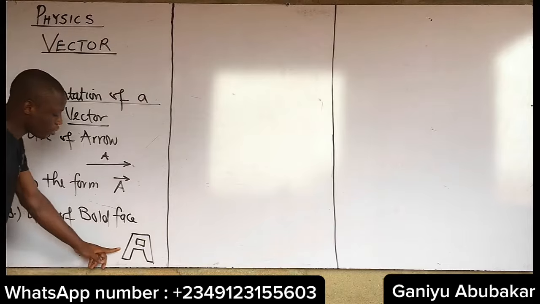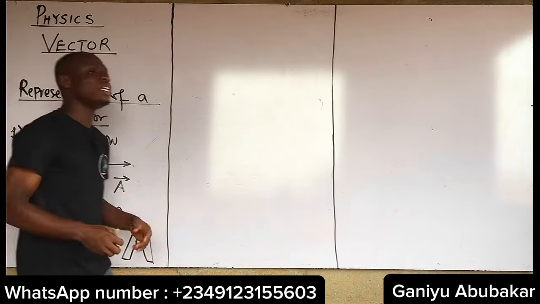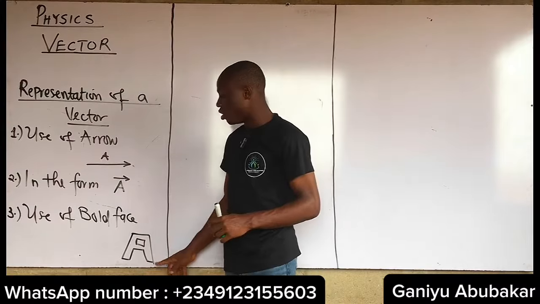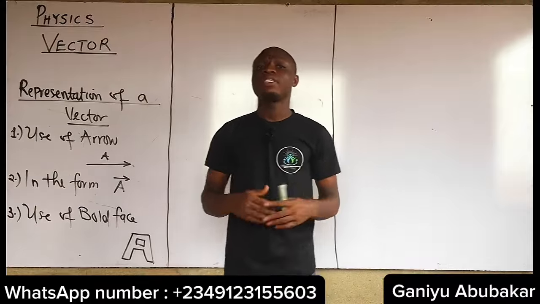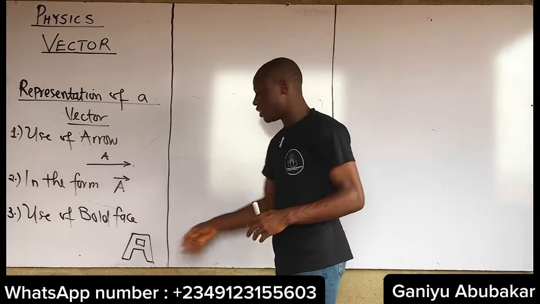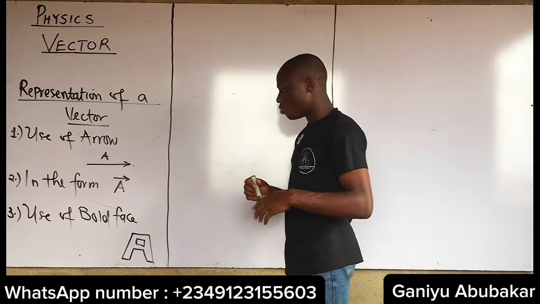So we represent a vector in this form. This concept is actually used mostly in scientific textbooks. You'll see how the writing structure of this nature is a way of representing a vector, the use of boldface.